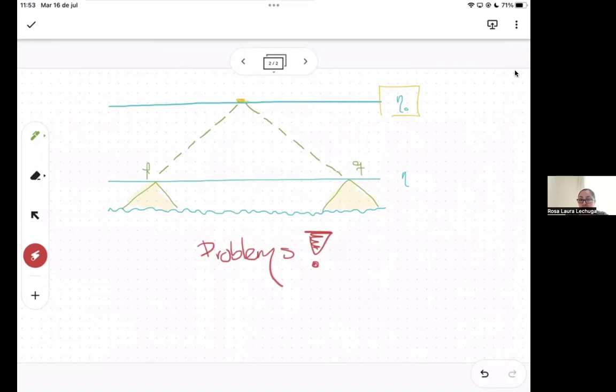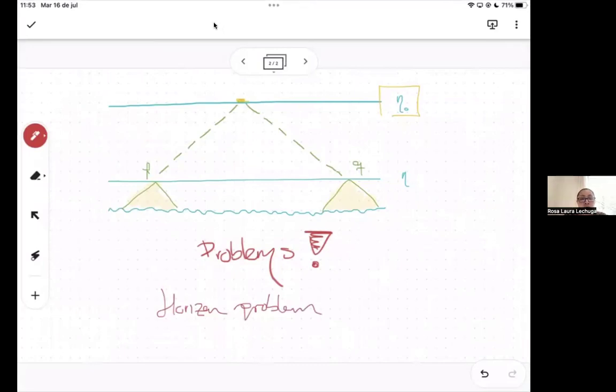So this is only one of the big collection of problems that they faced at that time. This is known as the horizon problem. There are other kinds of problems that encouraged people to study or to give a new proposal, a new idea in the cosmological model, but this is one of them.